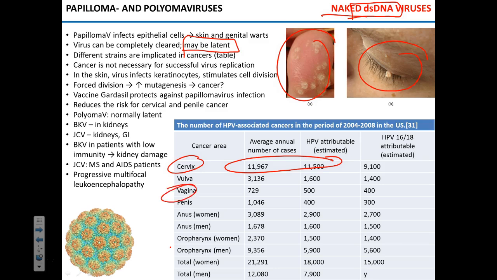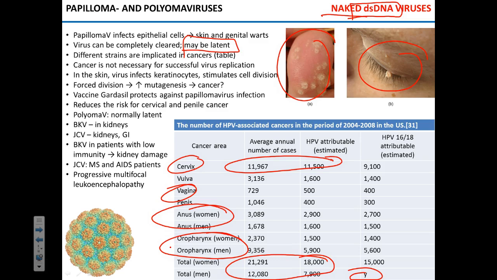Vaginal cancers, anal cancers. Anal cancer is pretty much 100% linked to HPV, human papillomavirus. They are implicated in head and neck cancers. So you can see, I don't remember, it was my typo, I just noticed it. You can see that many cancers are linked and essentially caused by human papillomavirus.